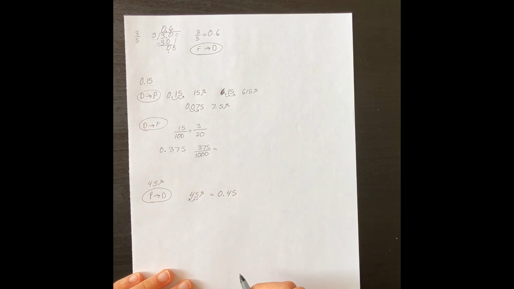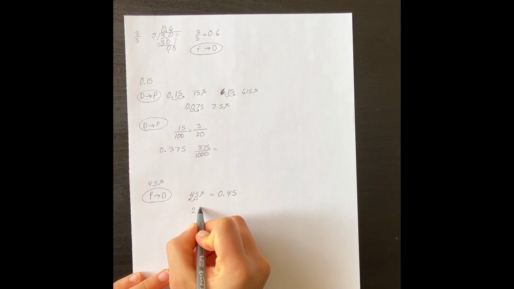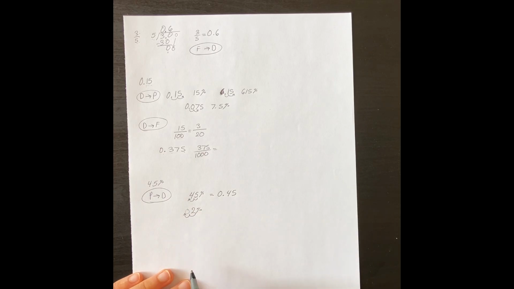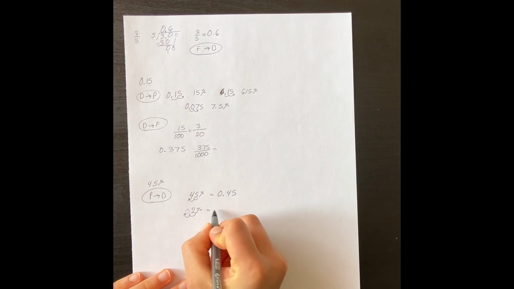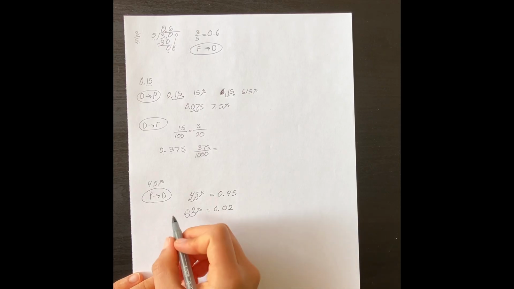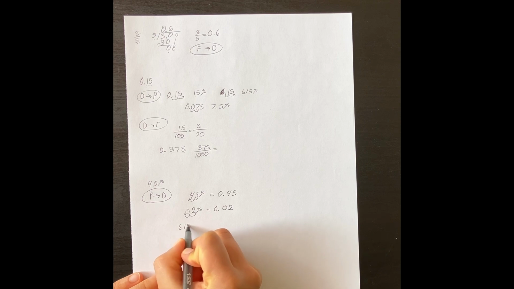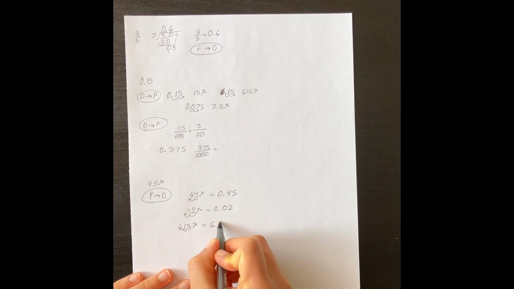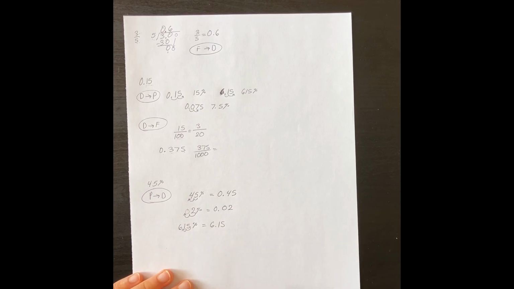What if you have something like this, 2%? Again, you're going to move the decimal over 2 places, and then we're going to put a 0 where we need an extra spot. So 0.02. What if you have something like this, like we had up here? We're going to go 2 to the left and rewrite it with the decimal point.